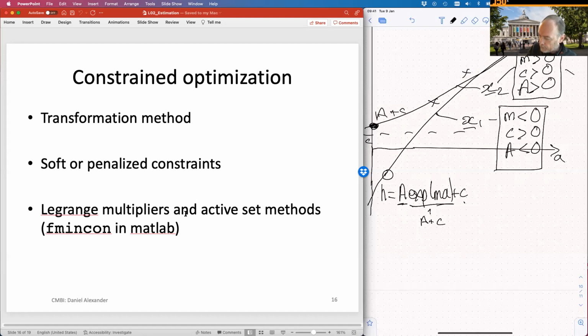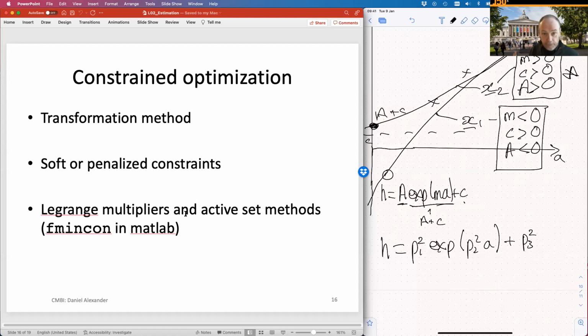So, for example, to impose these constraints that each of our parameters is positive, we might write instead that h is equal to, let's call it parameter 1 squared times e to the power of parameter 2 squared a, plus parameter 3 squared. Then we can optimize the values of P1, P2, and P3. They can take any value along the real line, which our optimization algorithms will search.